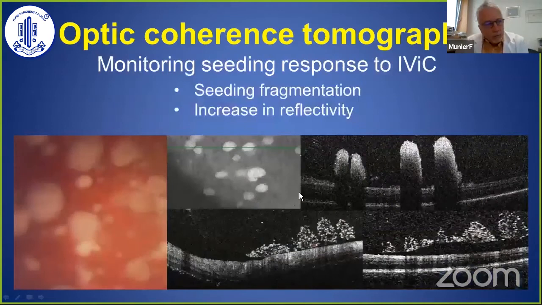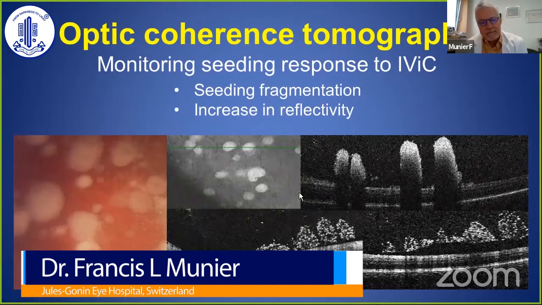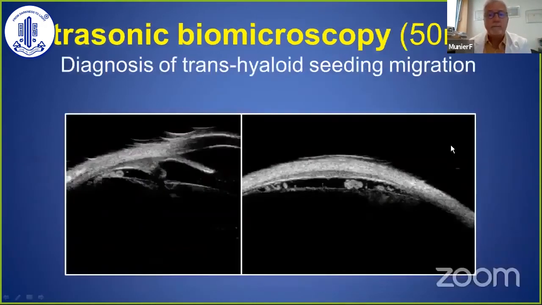It's also important to monitor the seeding response to intravitreal chemotherapy. We do see following injection in the vitreous a fragmentation of the seeds and an increase of reflectivity, which is typical of a complete response, allowing you to stop injecting in the eyes.